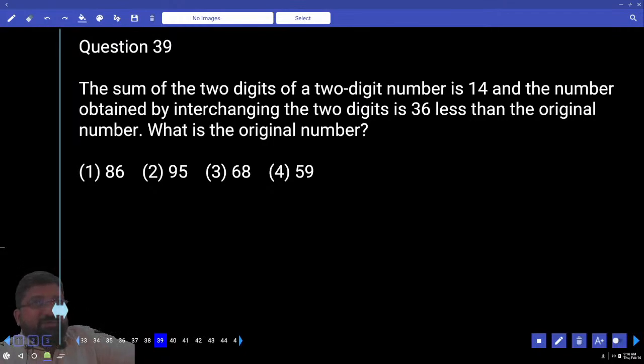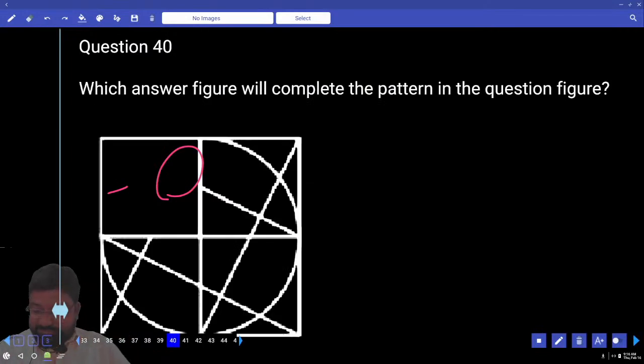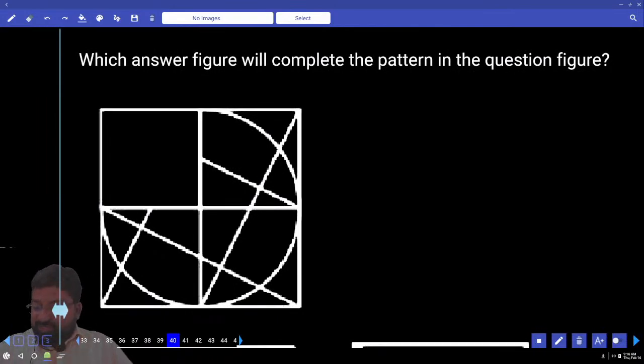Now, when you come across these type of questions, go only with the options. 86 interchanged is 68, 86 minus 68 is not 36. Now 95: 9 plus 5 is 14, interchanging gives 59, 95 minus 59, yes, it is 36. So which option is my answer? Second option.